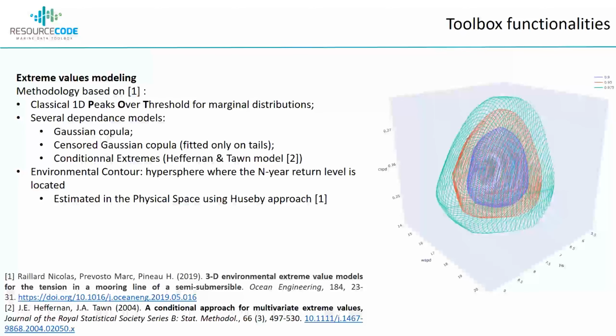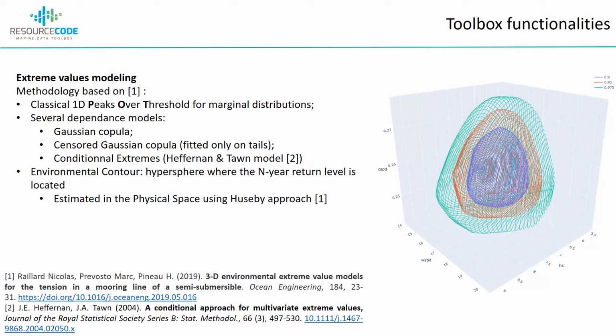I have an example here of extreme value modeling. The extreme value modeling that has been implemented within this toolbox is adapted from a paper that was published recently, 2 years ago. It's a way to model multivariate extremes and to obtain the dependence structure for multivariate models.